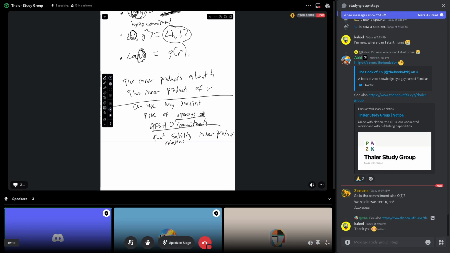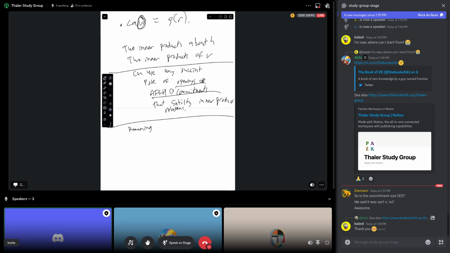So what I'm getting at is I've now told you how Dory works, up to the remaining part of Dory, which is of course a major thing I have to tell you about: how do I succinctly prove I know a vector H that opens a given AFGHO commitment?